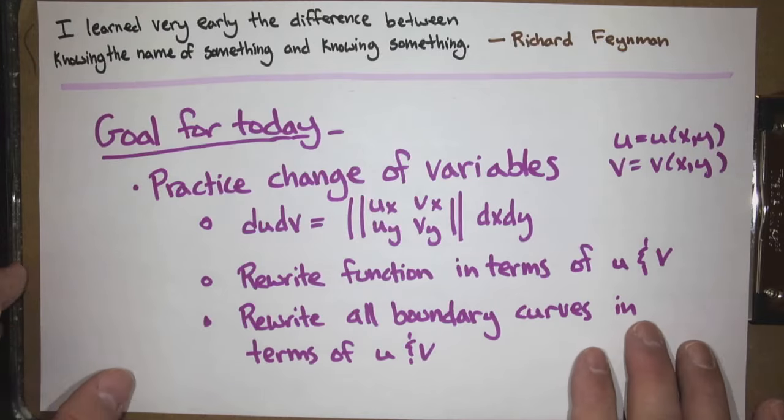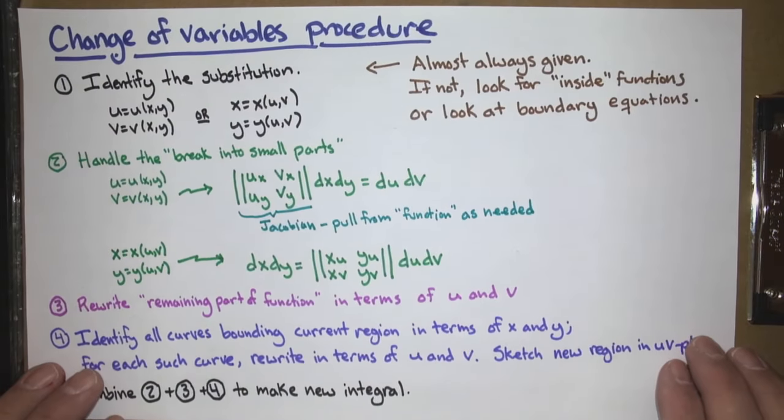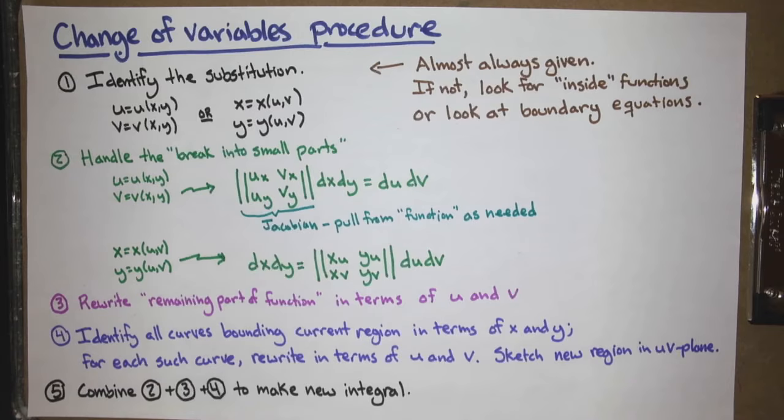Instead of talking about that here, I'm just going to grab the slide from the end of our last class where we went through this. We sped through this at the end of last time. Step 1, identify the substitution. It's usually super simple. 95% of the time, the way you identify it is they tell it to you.